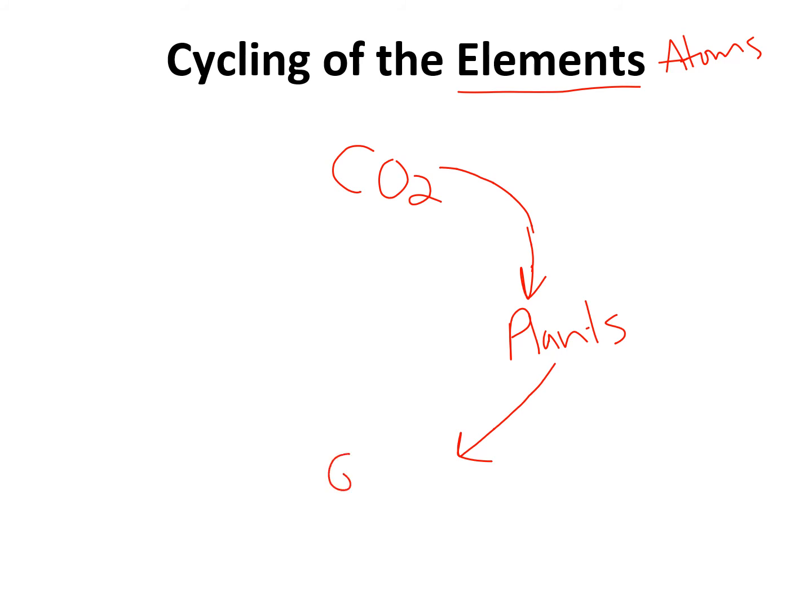So in the carbon cycle, carbon starts out as CO2 in the atmosphere, and then that CO2 is taken up by the plants by photosynthesis, and those plants convert this carbon in the carbon dioxide into glucose, sugar, glucose, and that glucose is then eaten by the animals and used for cellular respiration. And during cellular respiration, the carbon dioxide is released back into the environment.